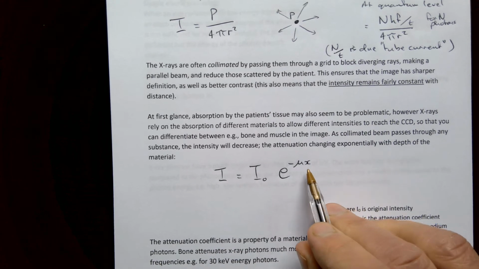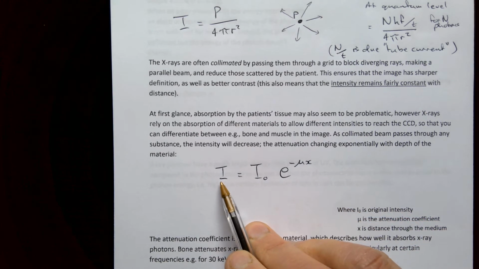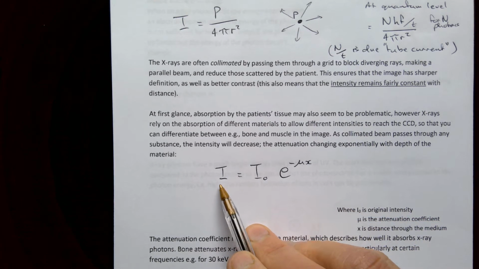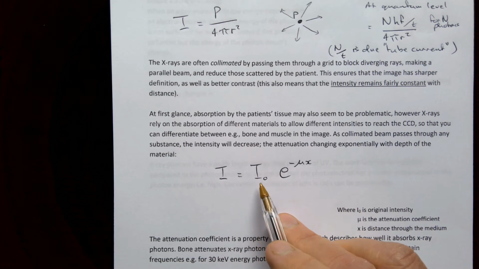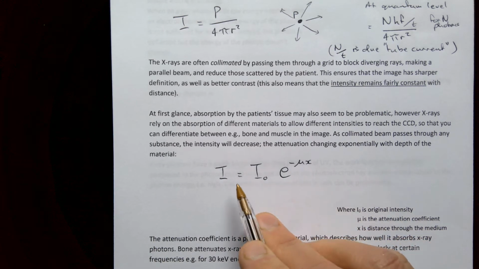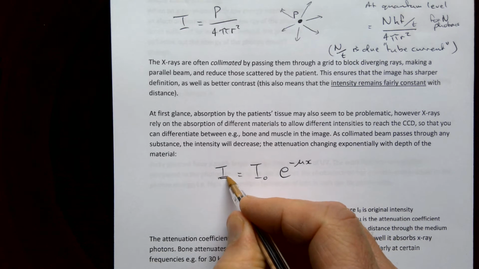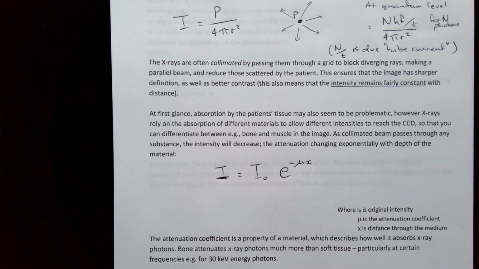So the thicker a material, the less intensity gets through, less intensity is transmitted through. So here's our original source of intensity, let's say just as you're going into the body, and the thicker the object that it's going through, the more of the photons are absorbed. The more absorbent the material, the lower the intensity out.